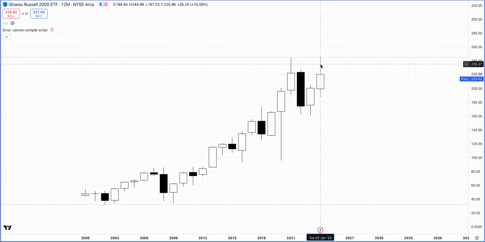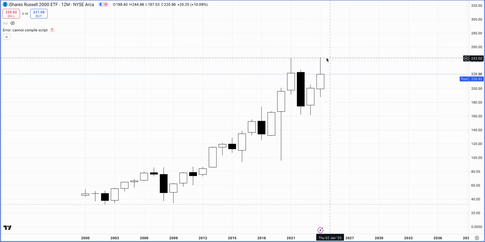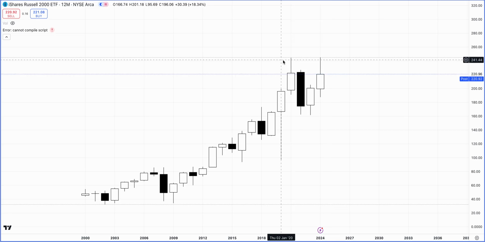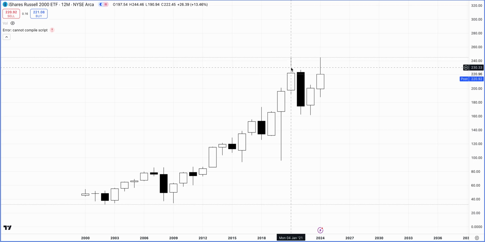But what I don't like is it has given back quite a bit right here towards the end, mostly coming from the month of December, and something like this had happened. Not sure what the sell-off was actually in December, but it had given back quite a bit, and then we had a bear market move in 2022.